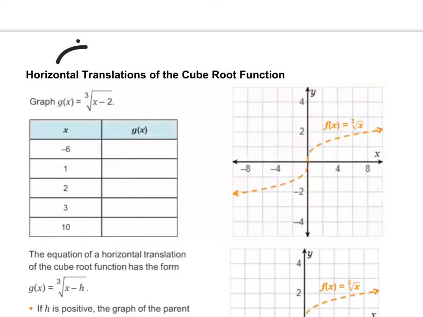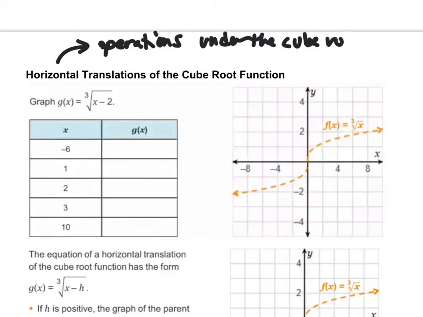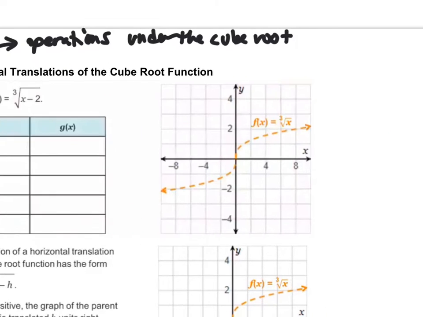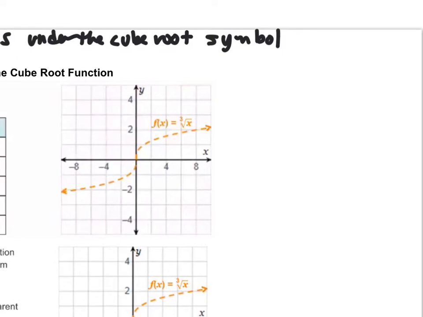Horizontal translations indicate operations under the cube root symbol. And those are going to be opposite. So in big bold letters, it's going to be opposite.